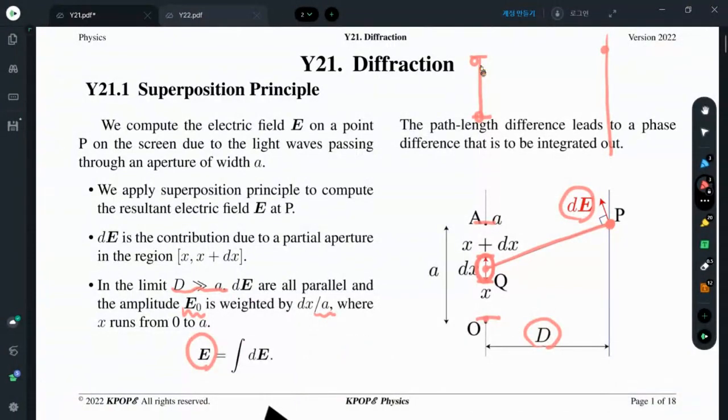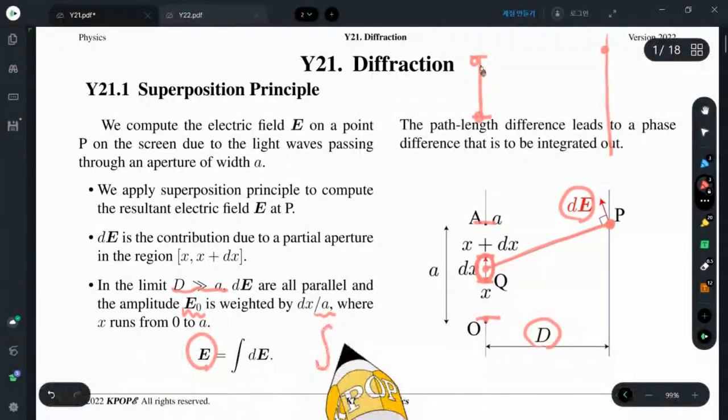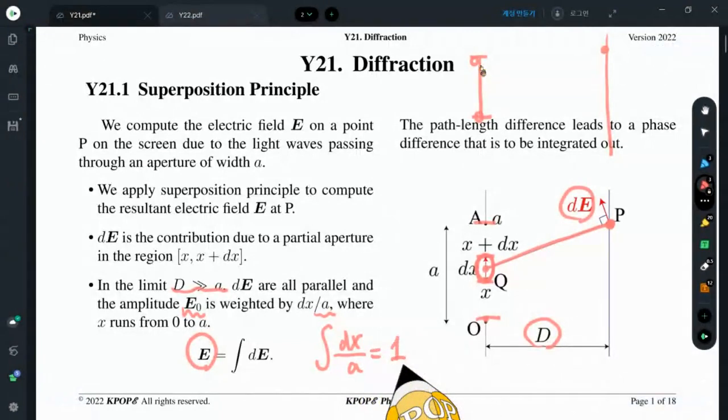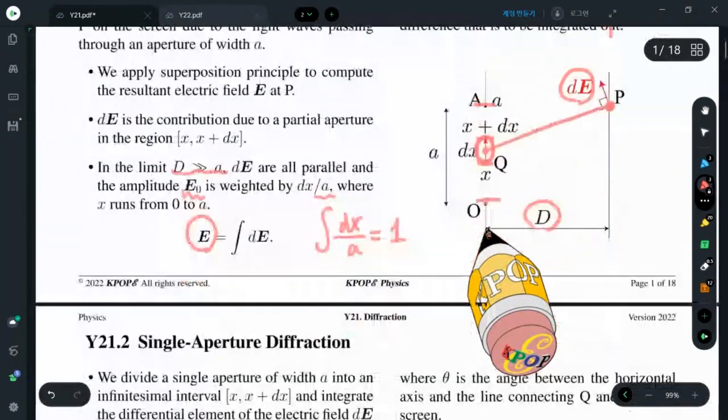For example, if the electric field is just constant, then your integral is just 1, so that does not modify the original electric field.